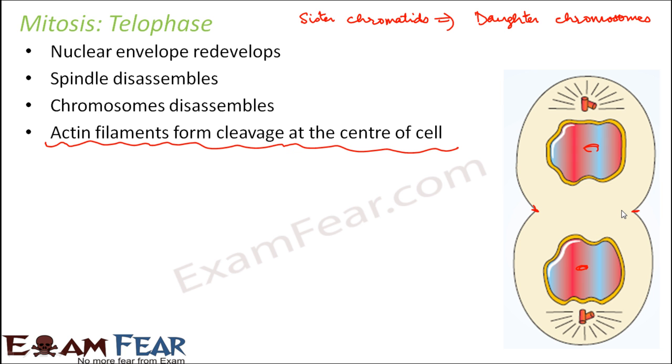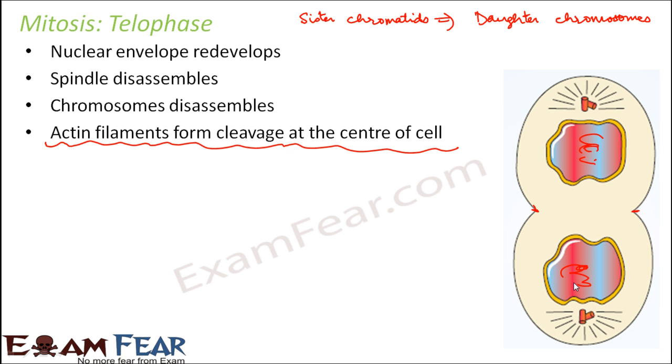Again, the chromosomes will vanish and the chromatin material will come back. The chromatin material will tend to get collected in mass at the two poles. So here you will have some chromatin material, and again here. So the chromosomes are lost now. Other cell organelles, for example nucleolus, Golgi apparatus, endoplasmic reticulum, all these will start to redevelop.